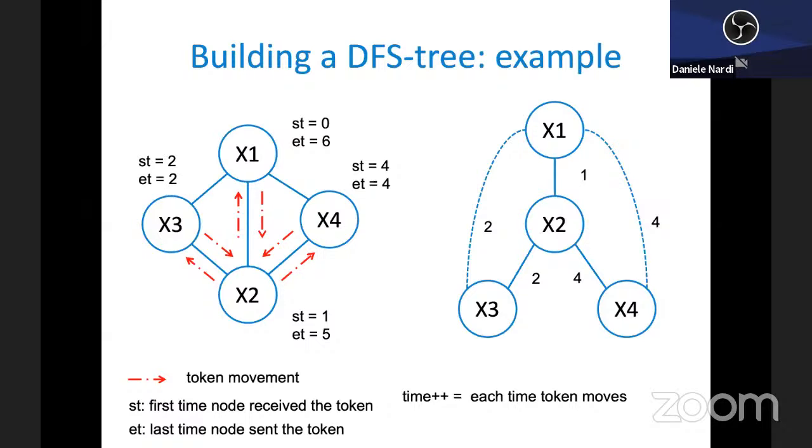And at that point, again, x4 realizes that there is no other continuation on an unvisited node because x1 has already been visited. And therefore, at this point, it reports the completion to x2, which again reports the completion of the visit to x1. You see here that the nodes are marked with their starting time and ending time.